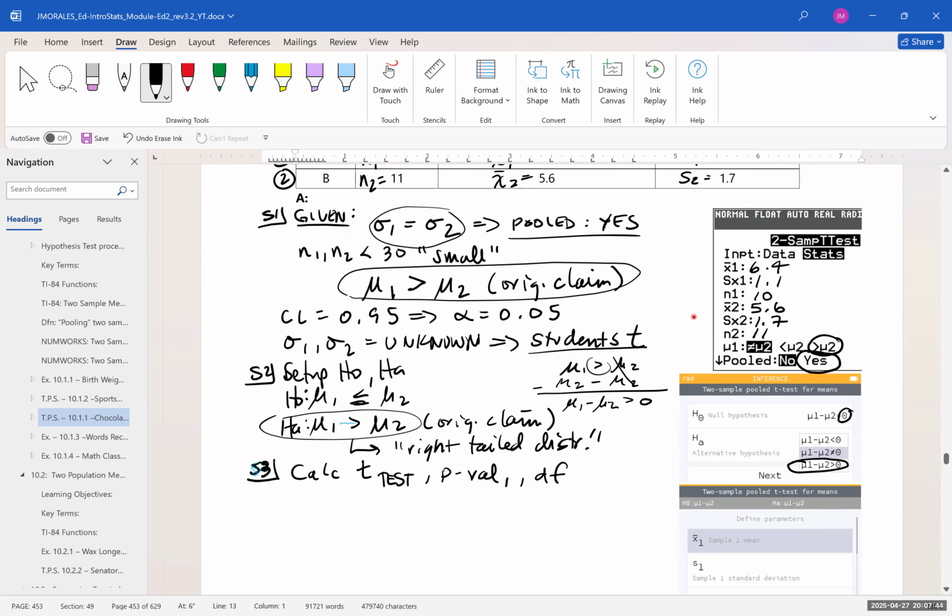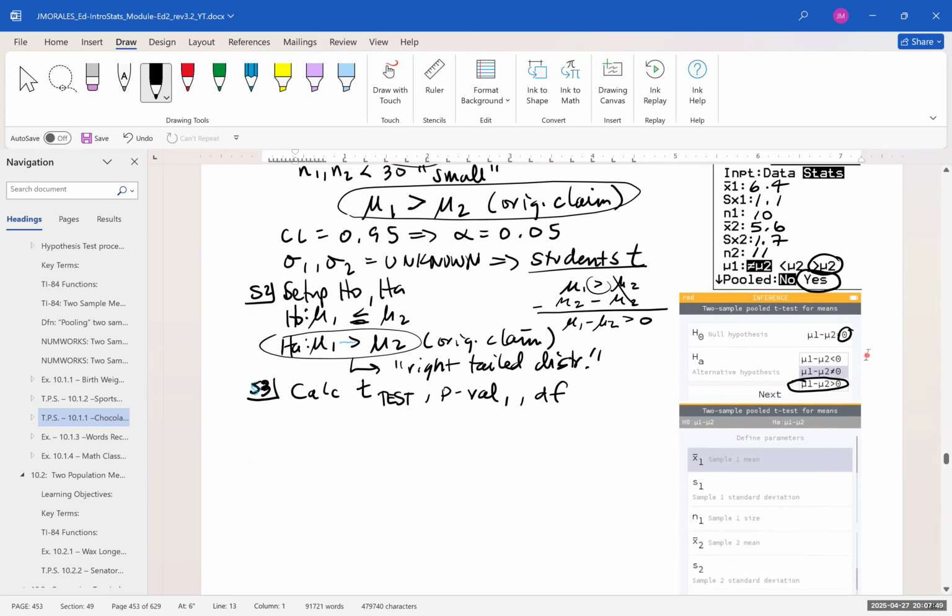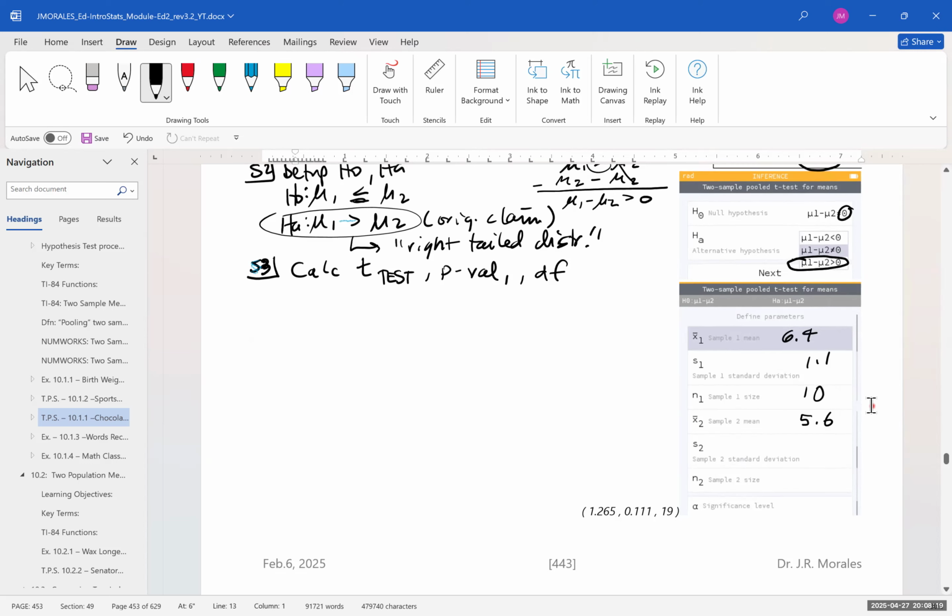All right. And we're going to put in the same values into the NumWorks calculator. So x bar 1 is 6.4, s1 is 1.1, and n1 is 10. X bar 2 is 5.6, s2 is 1.7, and the sample size of the second sample is going to be 11.